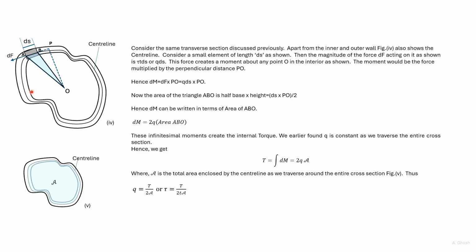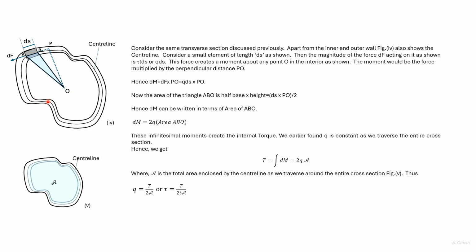Other small areas can create small forces, and as such moments can be created which will be given as 2q into the areas swept by the arcs corresponding to that force.